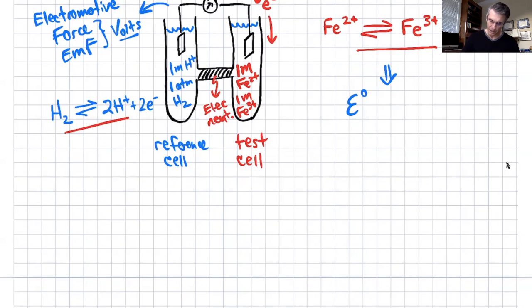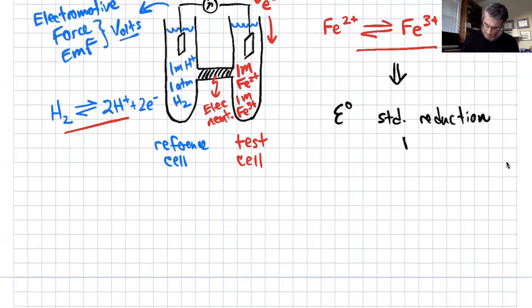And that standard reduction potential, just like we saw with free energy values, is going to be referenced to some particular set of conditions, which is going to be 25 degrees Celsius, and basically everything at 1 molar concentrations, right, for similar reasons to what we saw when we talked about chemical potential, right?